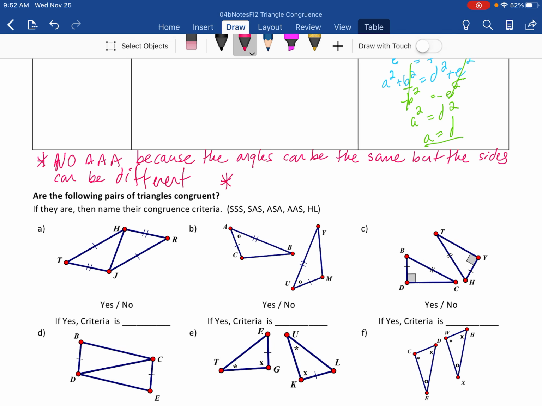And my other note is there's no SSA or ASS, because there are multiple triangles that can be created with this. And we explored that yesterday.